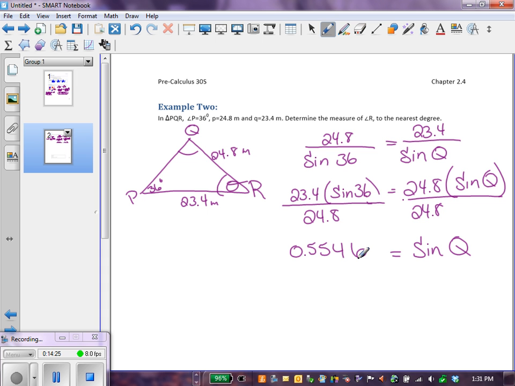Okay, so now how do I solve for an angle? The inverse of sine. So we're going to do the second function button. So sine to the negative 1 times 0.5546 equals capital Q. And let's round to the whole degree. 34.